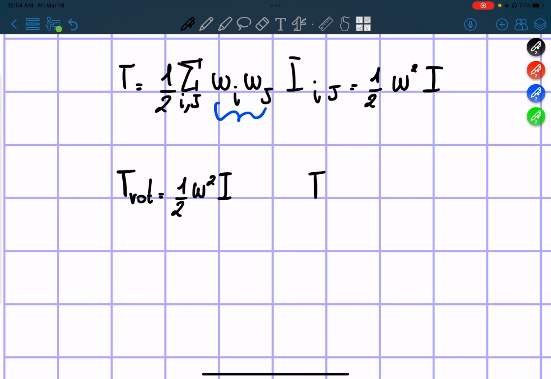So T translational is equal to 1/2 capital M capital B squared.